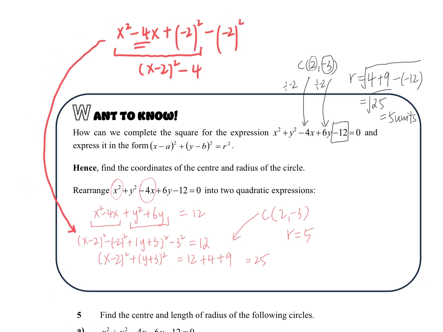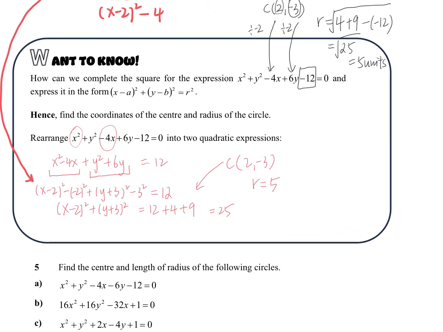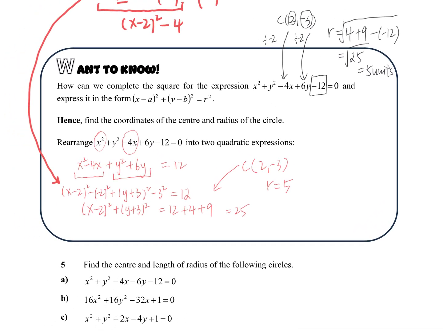So here, now we will use this same method. How to get center from this equation? Helen, try. Look at the coefficient and then you divide by -2. So what is the x and what is the y? 2 and?